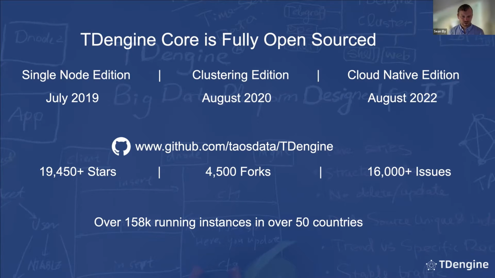You can check out our source code at GitHub for TDengine, and we're very popular with 19,450 stars, over 4,500 forks, and over 16,000 issues. And we have about 158,000 running instances in over 50 countries.